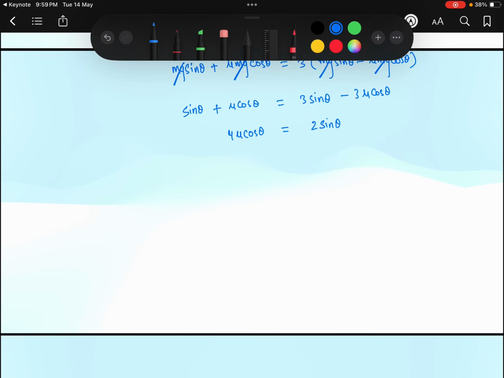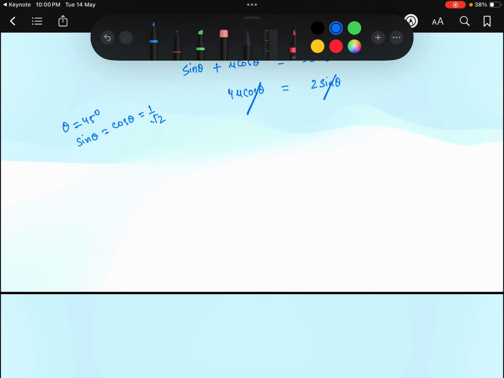Okay, so here let me put the value of theta. Theta is equal to 45 degrees, so sin theta will be equal to cos theta, that is equal to 1 by root 2. So I can cancel this sin theta and cos theta. So 2 will cancel from 4, so here mu will be equal to 1 by 2.